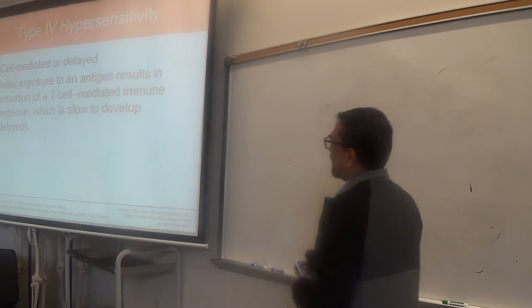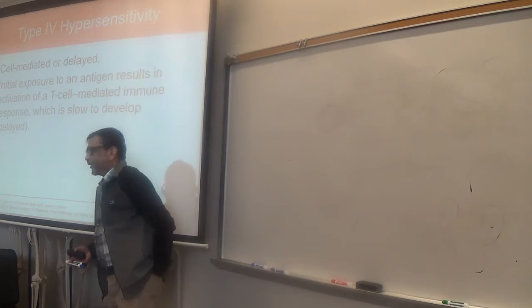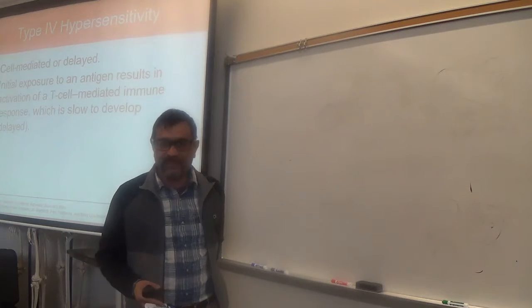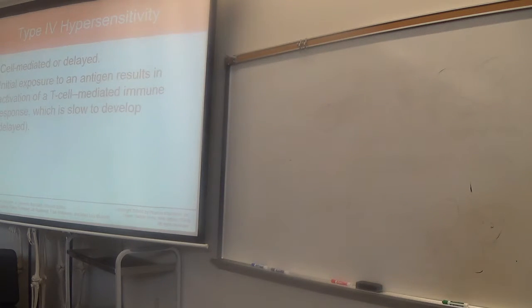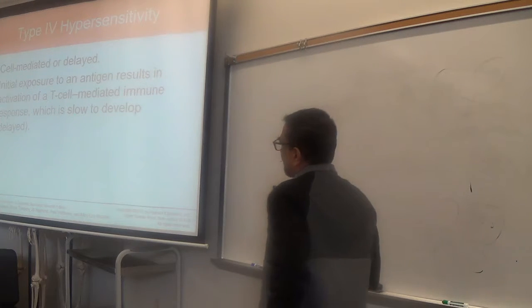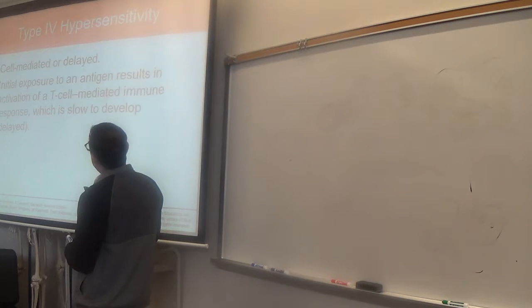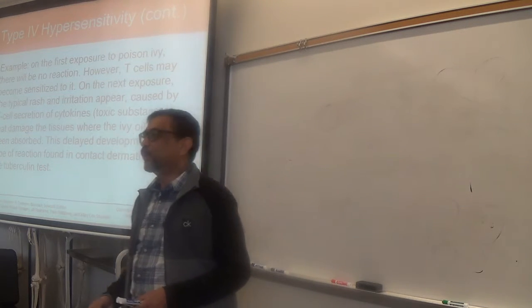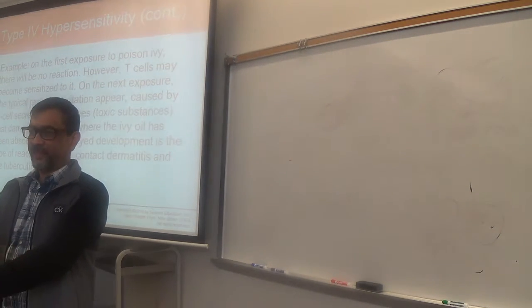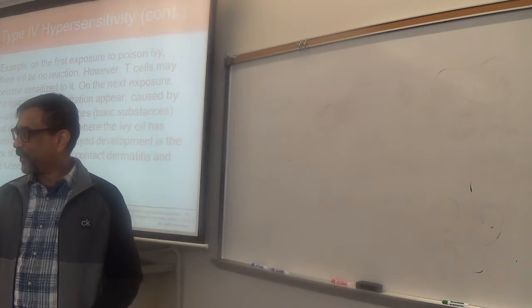Type 4 hypersensitivity is a T cell mediated immune response, and it develops slowly. Okay, a delayed response. Example, when you do a TB test, a tuberculosis test, has anybody done it?